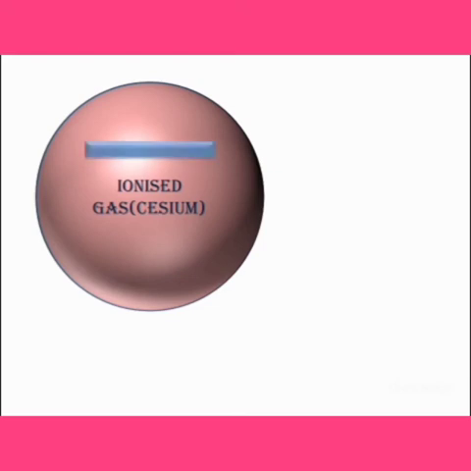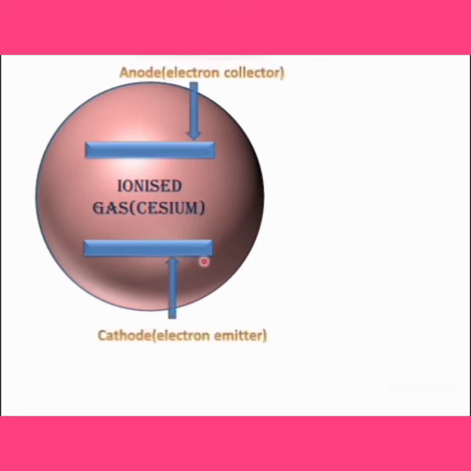One is the cathode, which is the electron emitter, and the second one is the anode, which is the electron collector. The electrons emitted from the cathode will be collected by the anode, and these two electrodes are connected by wires to a bulb.